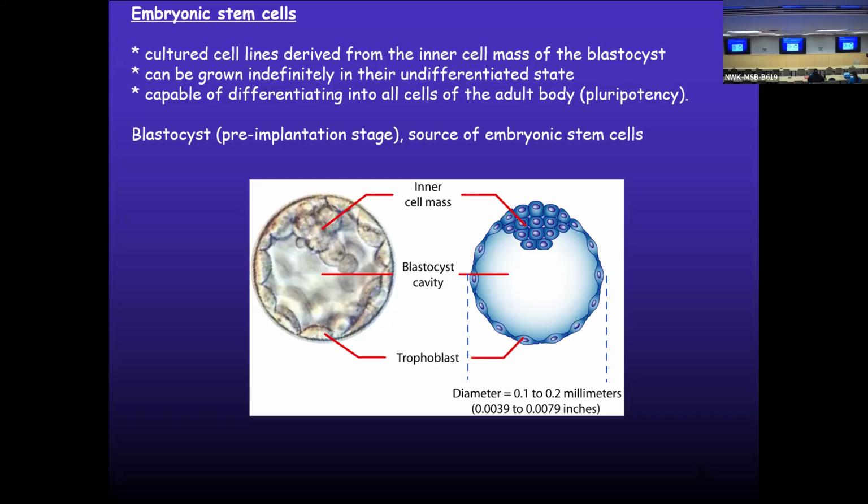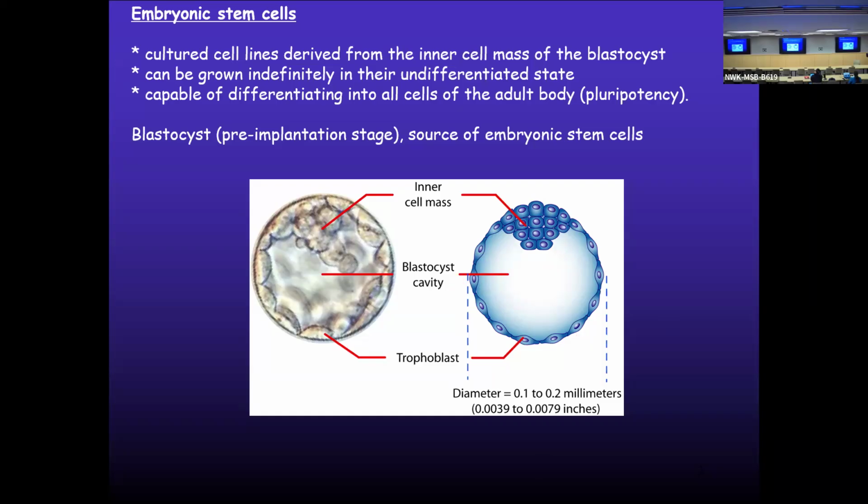But there are cells that can't be made out of embryonic stem cells. Can you think of a cell that cannot be made? Looking at the image here, this embryo is segregated into two layers. The inner cell mass, and we make the embryonic stem cells out of the inner cell mass, and the trophectoderm.